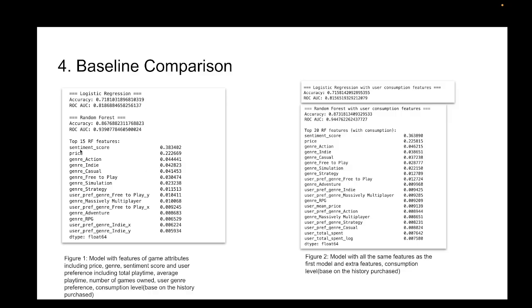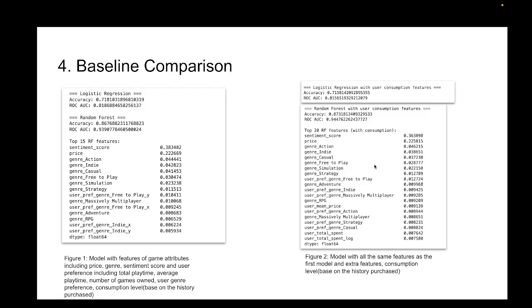We can see that the top features are the sentiment score, the price, and also the genre of the games. This one is the model with the first features, which contains the playtime, number of games the user owns, and user genre preferences, and also the, this is a typo, this is the consumption level.